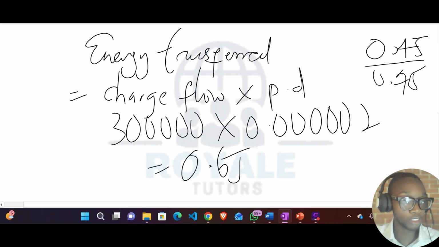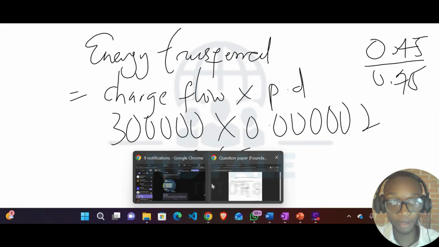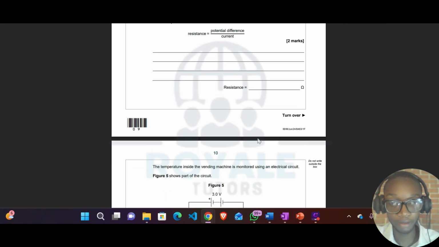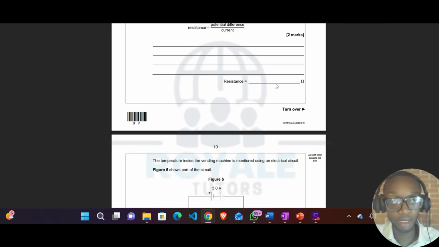Again, you just have to punch it on your calculator. 0.45 divided by 0.75 is also 0.6, just like the last calculation that we did. So you write 0.45 divided by 0.75, and that gives you 0.6 ohms.